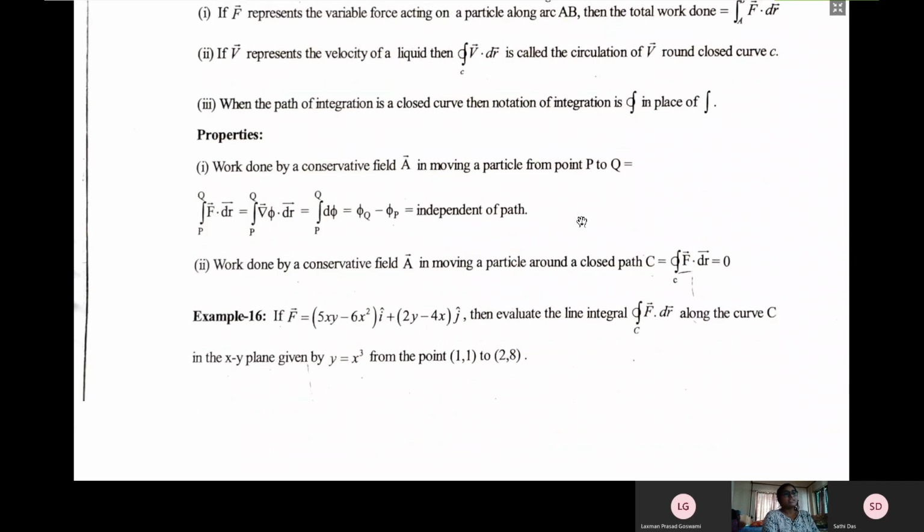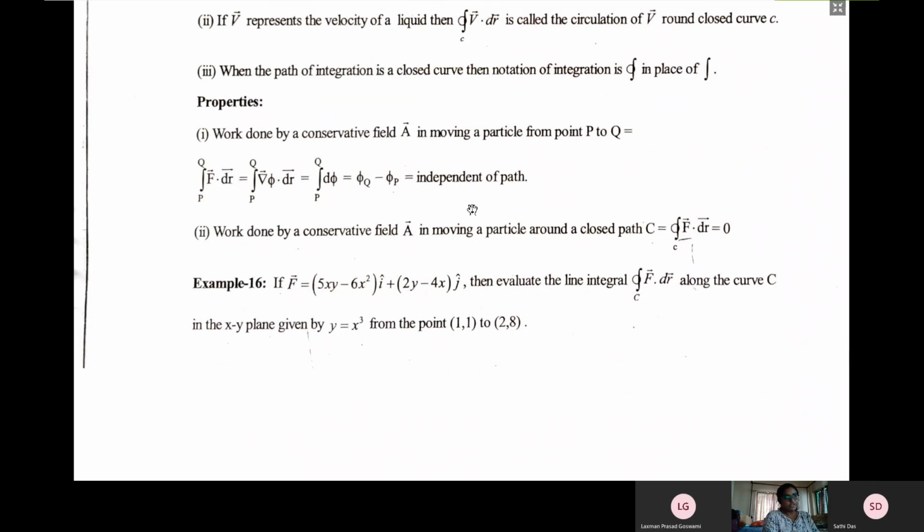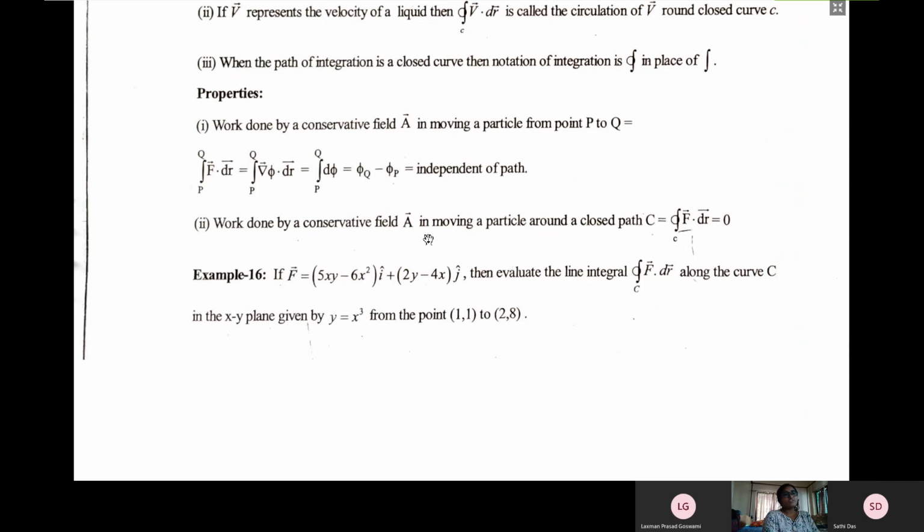The property is, suppose we consider the work done by a conservative field, then the line integral will be path independent. This is the property of a conservative field. The work done by a conservative field in moving a particle around a closed path C can be written as the closed integral over C equal to 0.